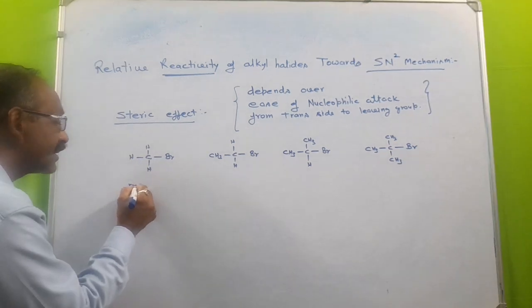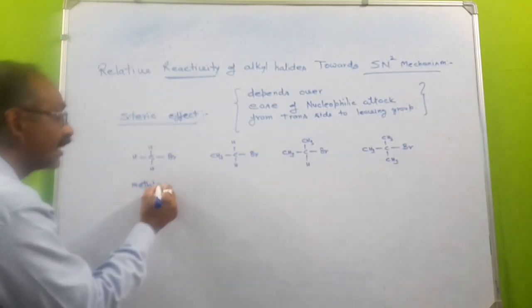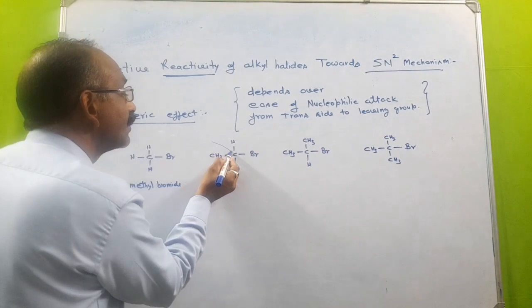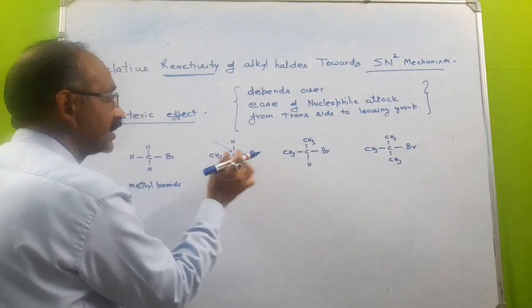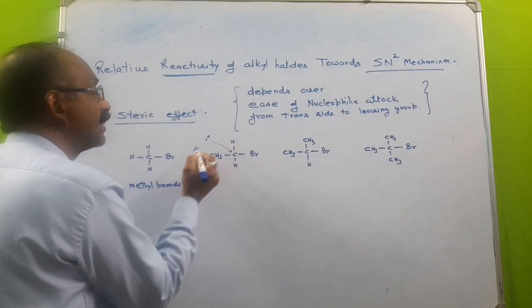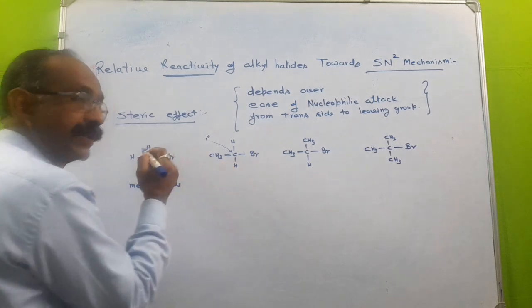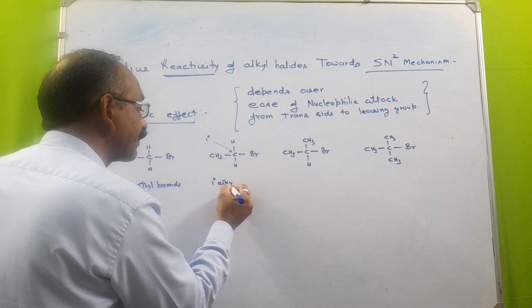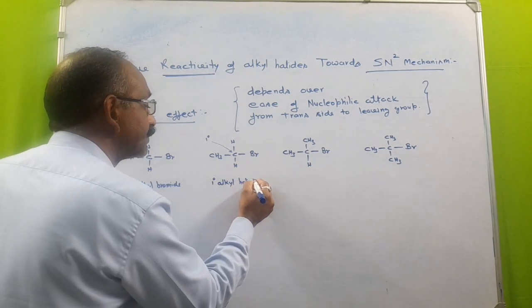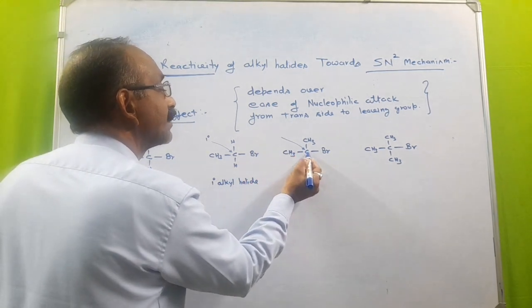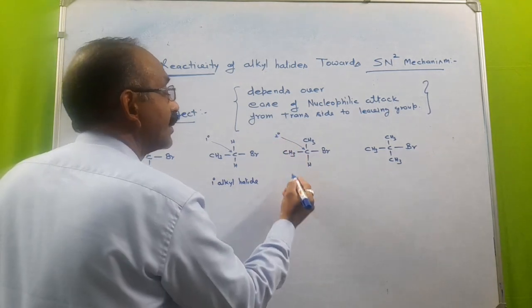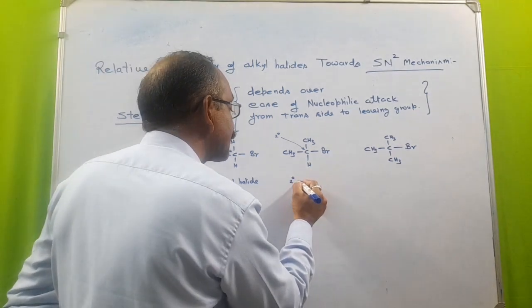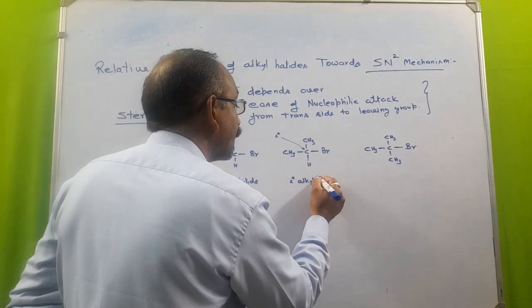That's why this one is methyl bromide. Here the carbon which has formed bond with the halogen is primary carbon because it has formed bond with one carbon. So this one is primary alkyl halide. In this case, this carbon is secondary because it has formed bond with two carbons. So this one is your secondary alkyl halide.